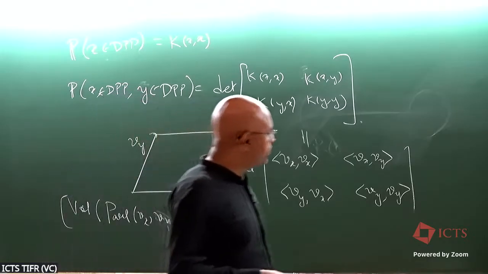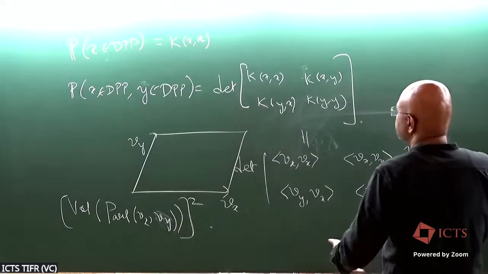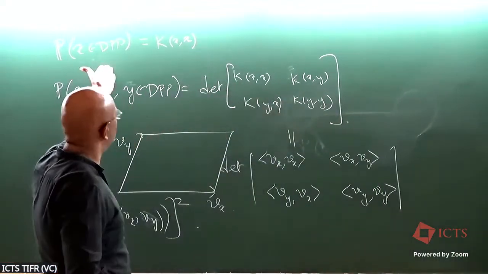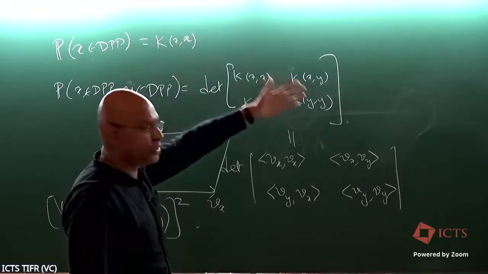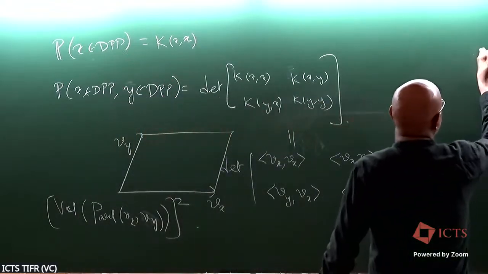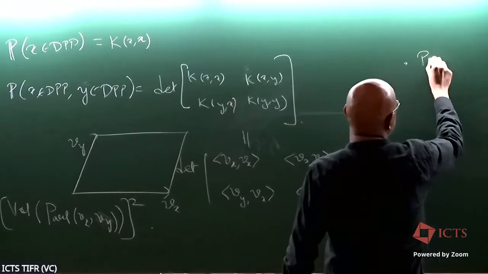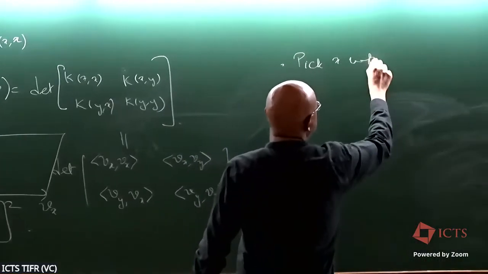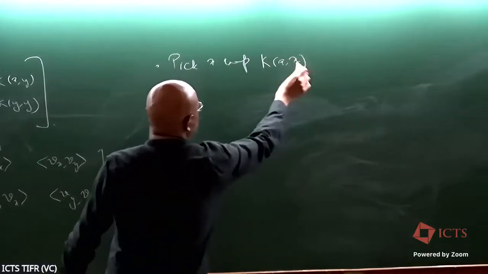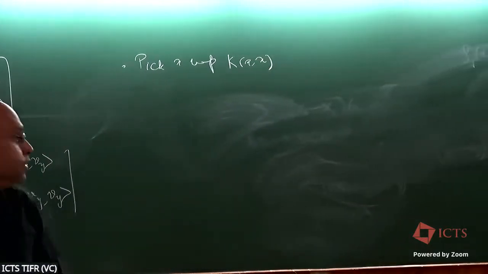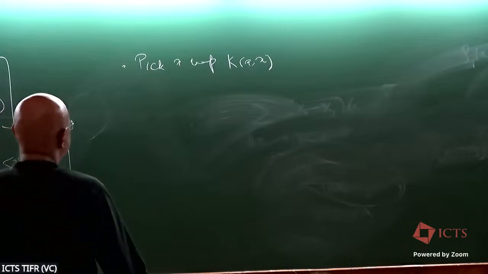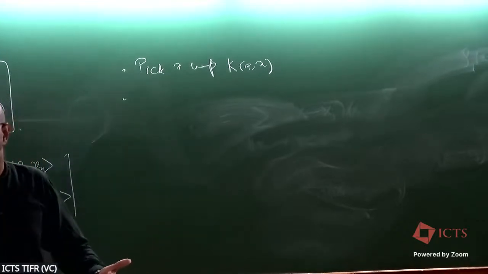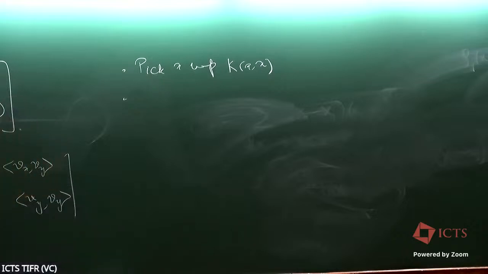So how do we do that? Well, the first point, no issues. We pick X with probability kxx, which is known to us because the kernel is known. To pick Y, if you were doing independent sampling, these off-diagonal terms would not be there, and you would just pick Y with probability kyy and be done.